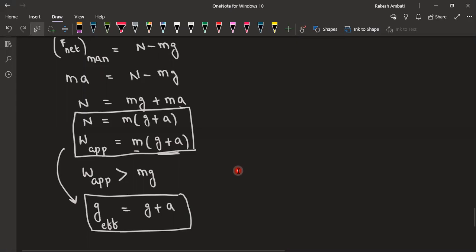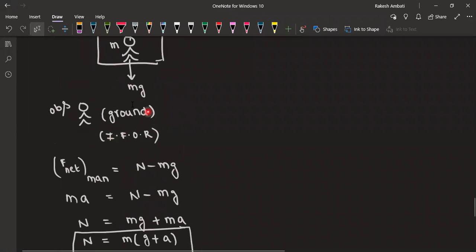In all chapters, somewhere we definitely follow this type of equation for finding effective gravity when the lift is moving upwards. So we got normal force equal to m times (g plus a), or apparent weight m times (g plus a). This derivation we had done by taking the inertial frame of reference.